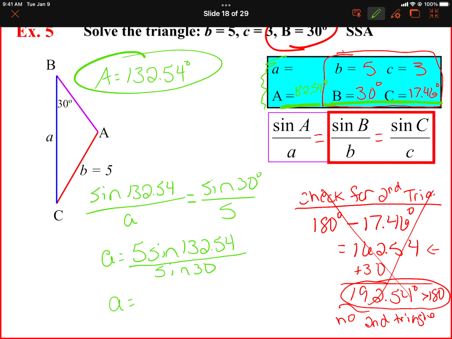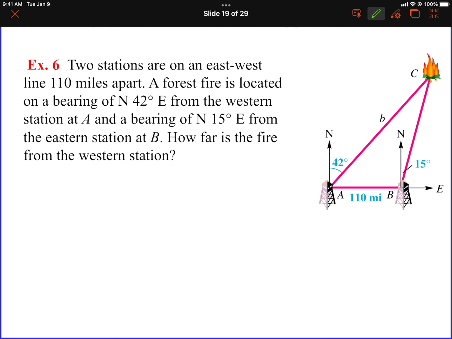Again, put that into your calculator and you should get 7.37. So now we have all of our pieces of information. Okay, so that's an example of one triangle.